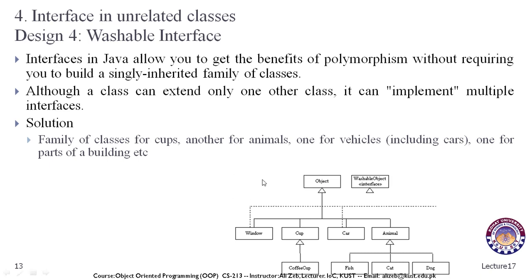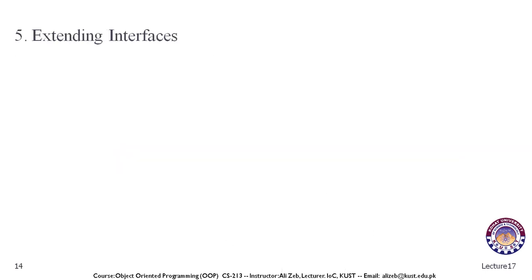But we do not need to combine the cups with the cars in the same family, or cars and the animals in the same family. So we have a family of classes for cups, another for example for animals, one for vehicles. You can include different types of cars over here, one for parts of a building, etc. Let's say windows, doors and other items. Each washable class can now implement the washable interface.